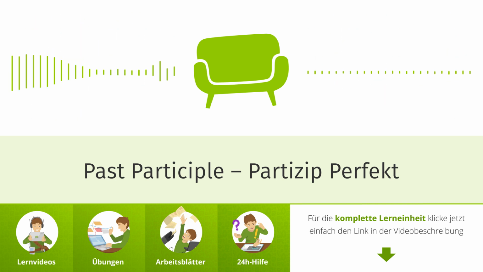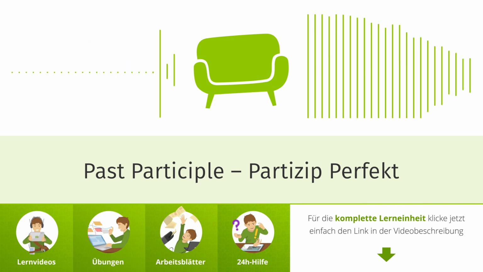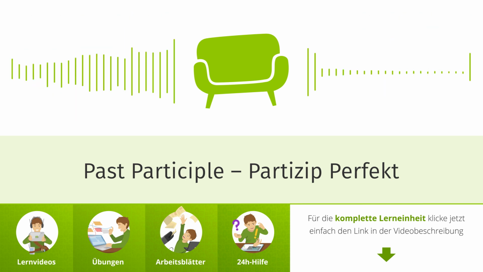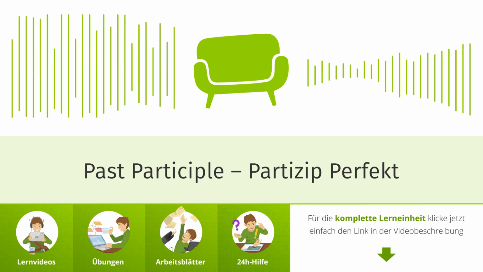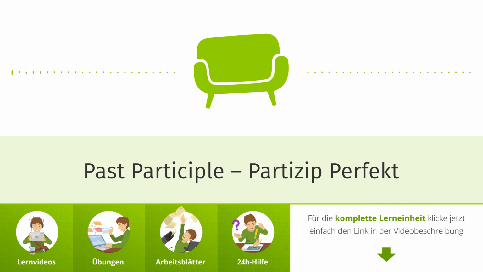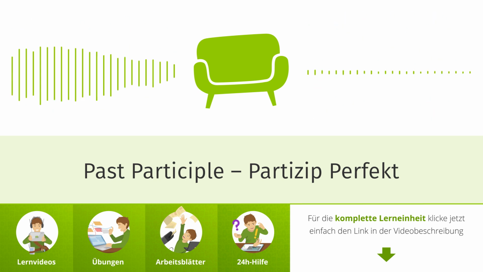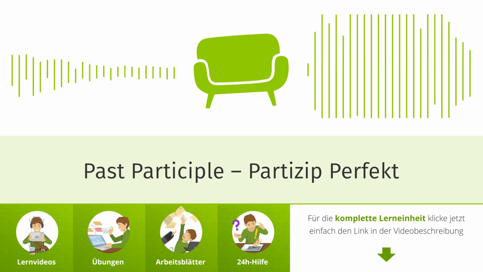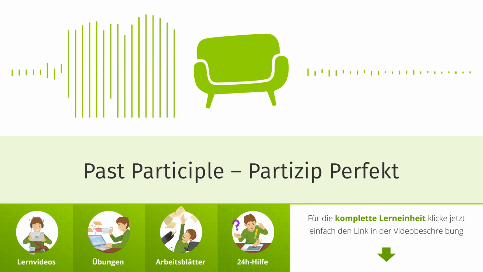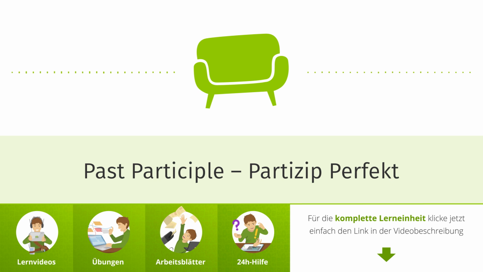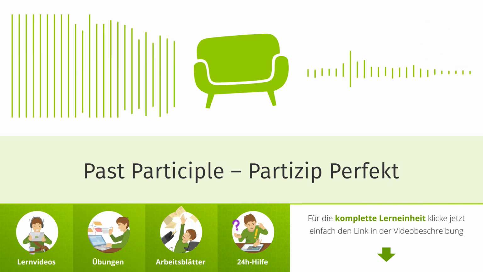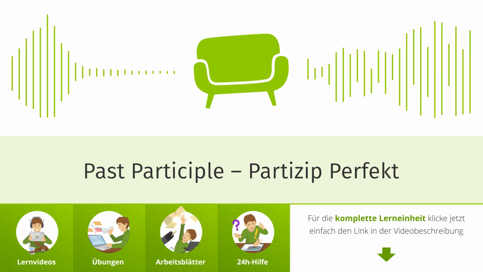Und jetzt bleibt uns nur noch eins übrig, eine Zusammenfassung. Heute hast du gelernt, wie ein Partizip Perfekt, Past Participle, aussieht. Lost, gone, started or stolen. Du hast gesehen, dass man das Partizip Perfekt für verschiedene Zeiten im Englischen braucht. Für den Present Perfect, he's just lost the game.